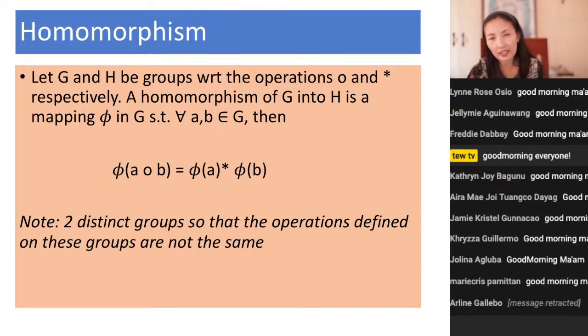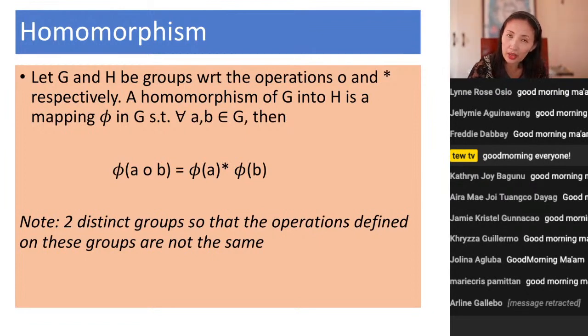Okay, homomorphism. Let G and H be groups with respect to the operations circle and asterisk, respectively. So, here we have two groups, G and H. Take note that they are distinct, magkaiba. Distinct groups with distinct operations.